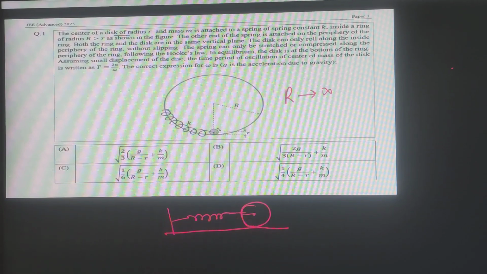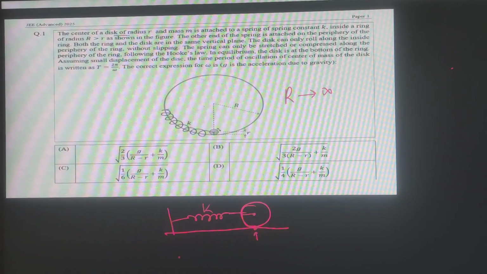This is a very standard way of solving SHM. Now, no slipping means this point is at rest. So I can consider this body as pure rotation about this fixed point, and I can write its energy and differentiate, and I am going to get directly the angular velocity of this disk.